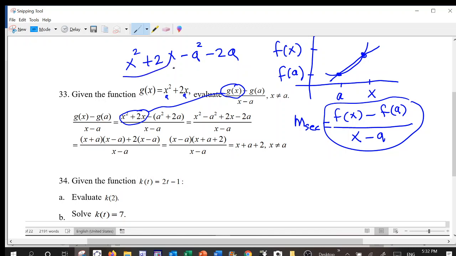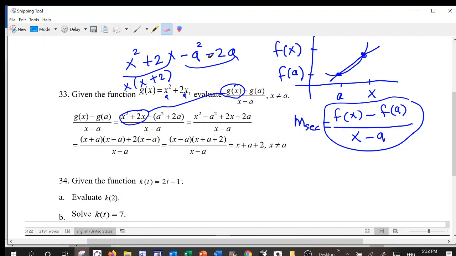What do they have in common? x. And what do they have in common? a. And see if we can factor it. So let's see. So x squared. So what do we get if we factor the x out? We get x plus 2 here.